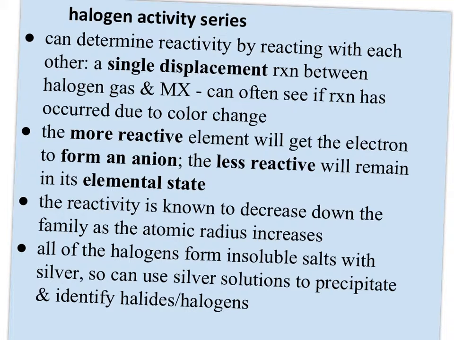And the reactivity is known to decrease down the family as the atomic radius increases, or the distance between the nucleus and electrons increases. Another thing you should realize is all the halogens form insoluble salts with silver. So anytime you react a halogen, say with silver nitrate, you're going to form a silver halide that's going to precipitate out as a solid. And so then it's easy to identify the halide or the halogen with this precipitate.